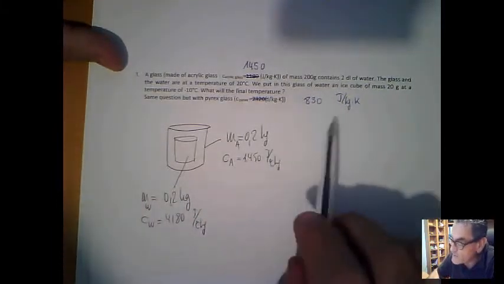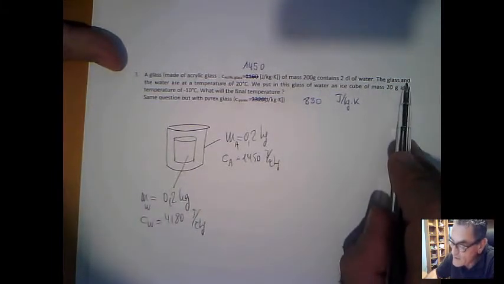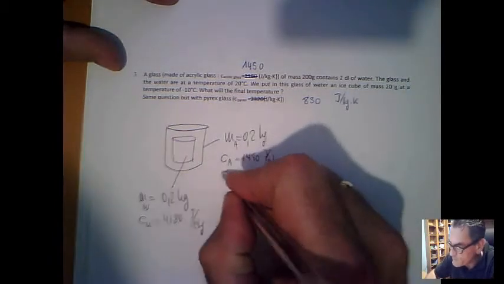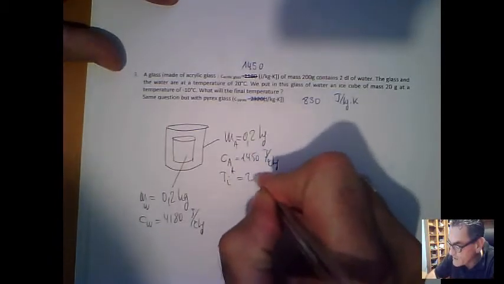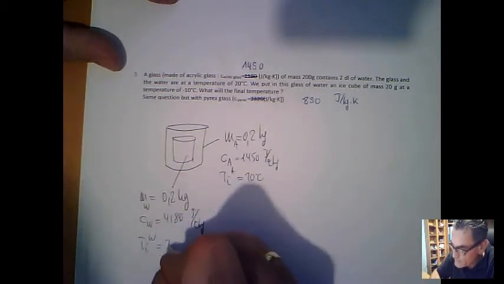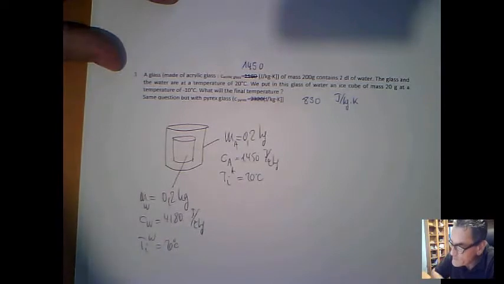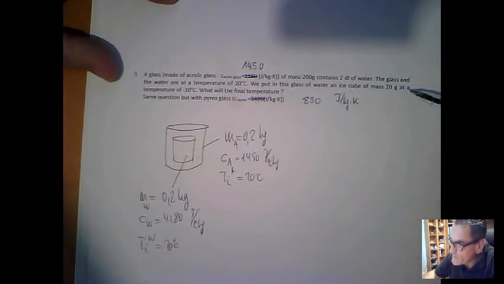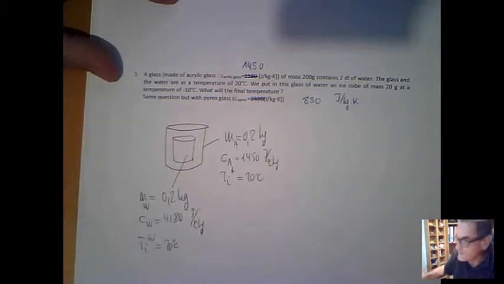And then what else? The glass and the water are at a temperature of 20 degrees. So T_IA is 20 degrees and T_IW is 20 degrees. We put in this glass of water an ice cube of mass 20 grams at a temperature of -10. Oh God.